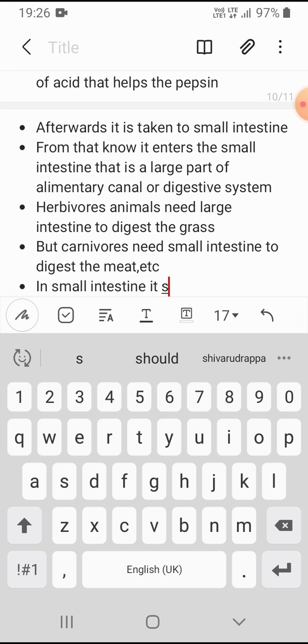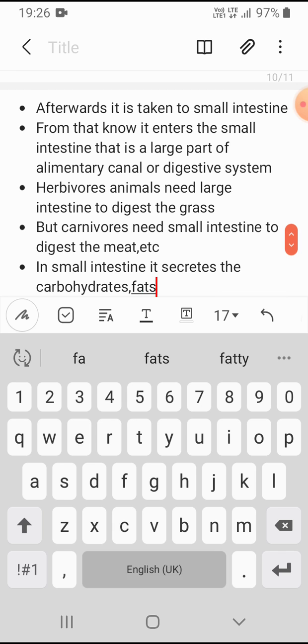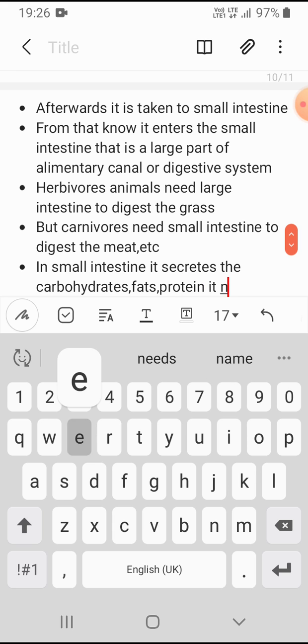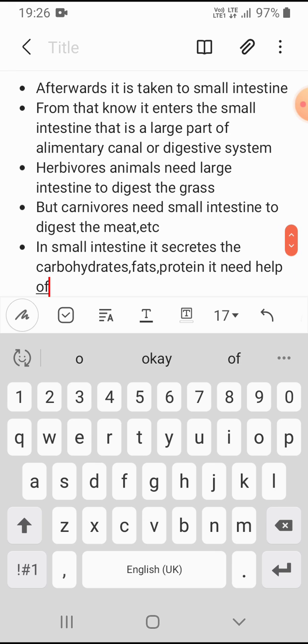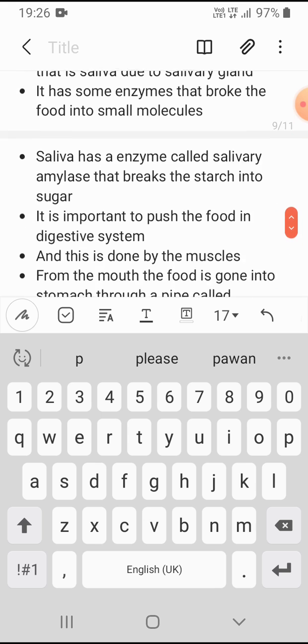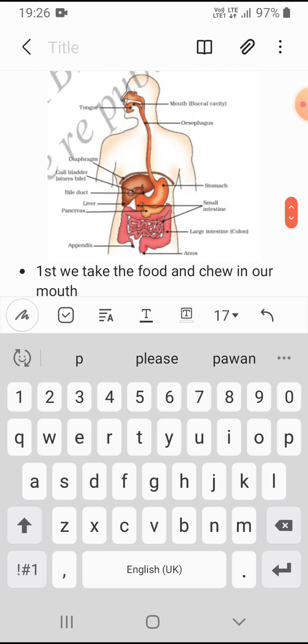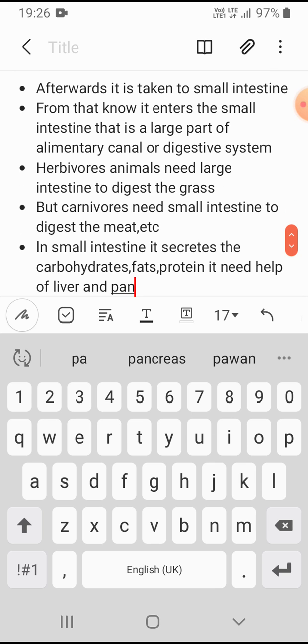In the small intestine, carbohydrates, fats and proteins are digested, and for this it needs the help of the liver and pancreas.